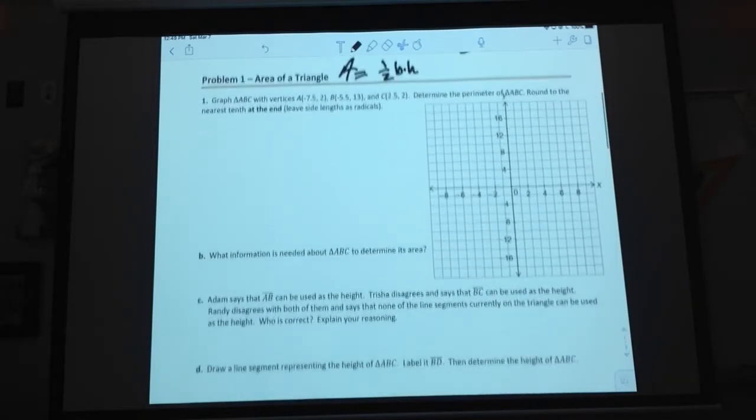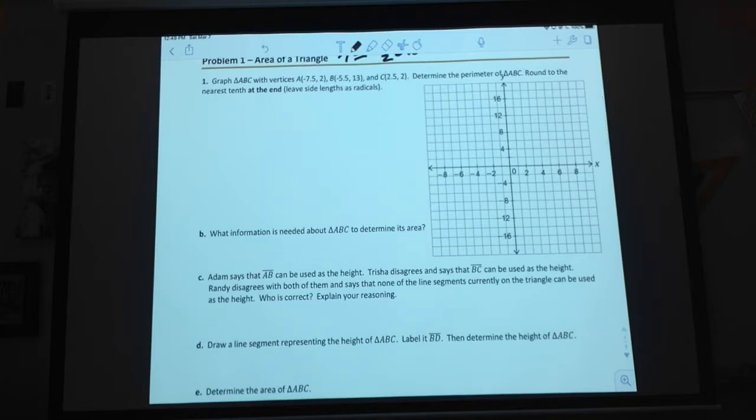Going up, it says graph triangle ABC with vertices A at -7.5, 2, B at -5.5, 13, and C at 2.5, 2. And we want to determine the perimeter of triangle ABC. So I know that I'm going to be finding perimeter.